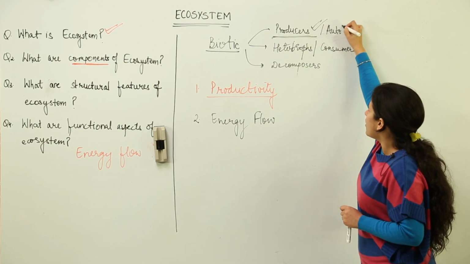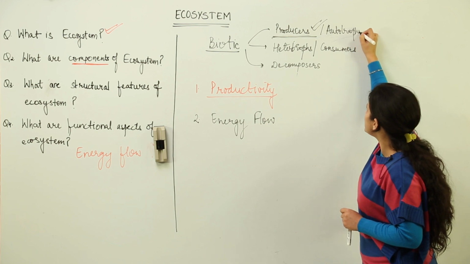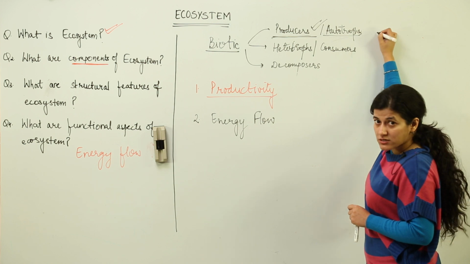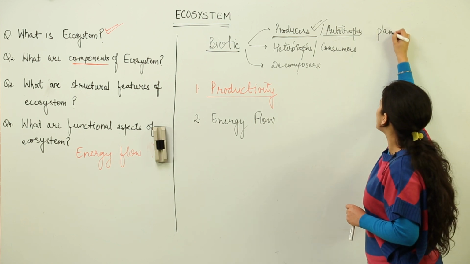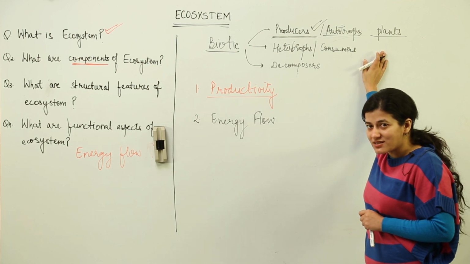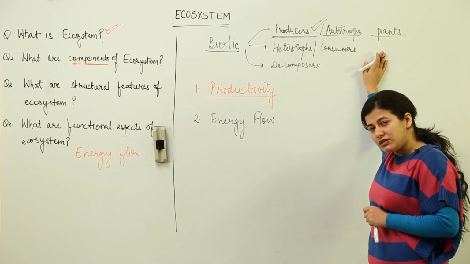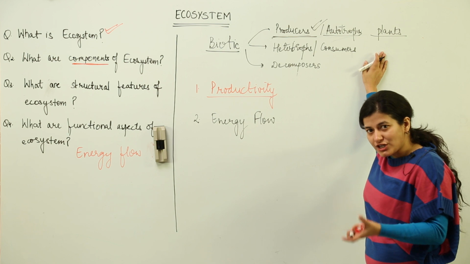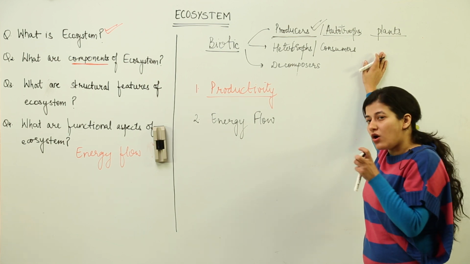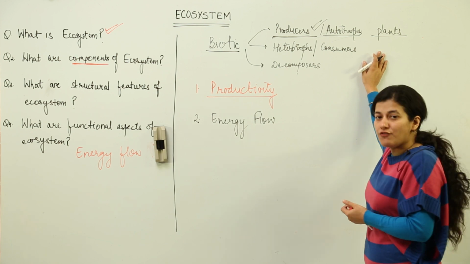And when I say autotrophs, I am specifically referring to green plants. Only they have the ability to do photosynthesis and convert solar energy into chemical energy, which is stored in the chemical bonds of various organic substrates that are being formed.